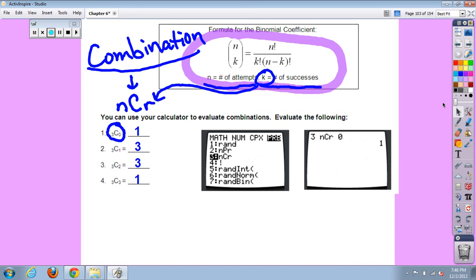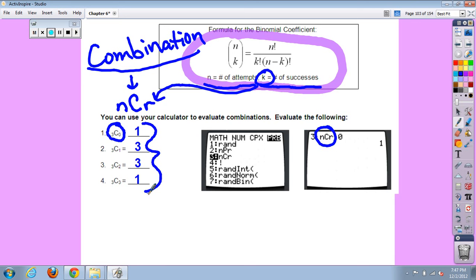The calculator itself, if you notice right over here, uses the terminology nCr. So this 3C0 is basically saying out of a total of 3 things, the number of ways that you can arrange 0 of them is there's only one way. The number of ways of arranging 3 things with only 1 is 3. And 3 combination 2 is 3. And 3 combination 3 is 1. And there are those 4 numbers again.